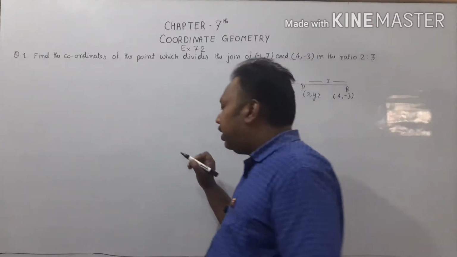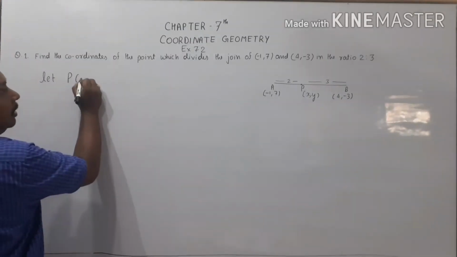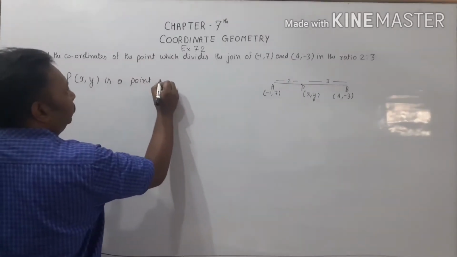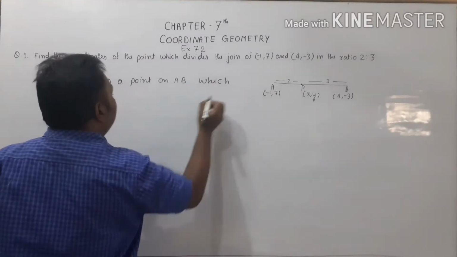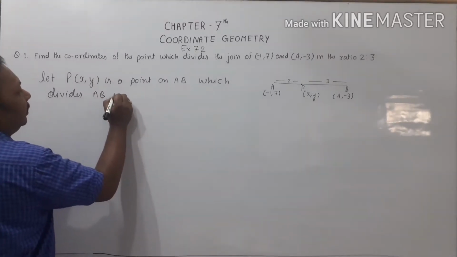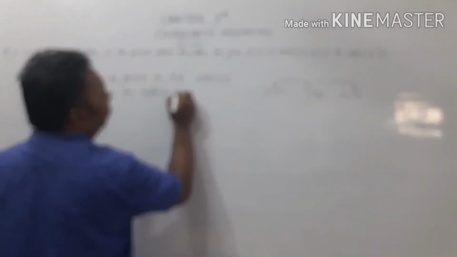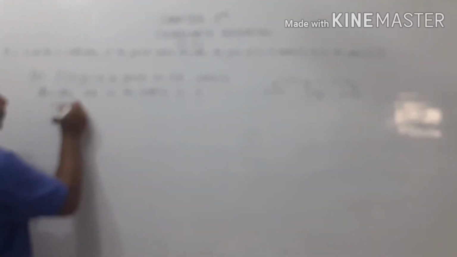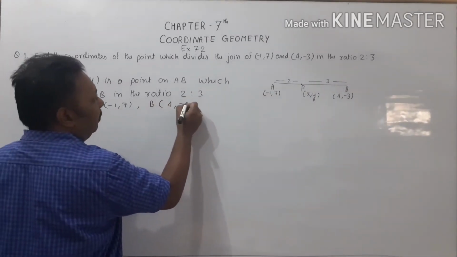So we write down, let P(x, y) be a point on AB which divides AB in the ratio 2:3, where A is (-1, 7) and the coordinate of B is (4, -3).